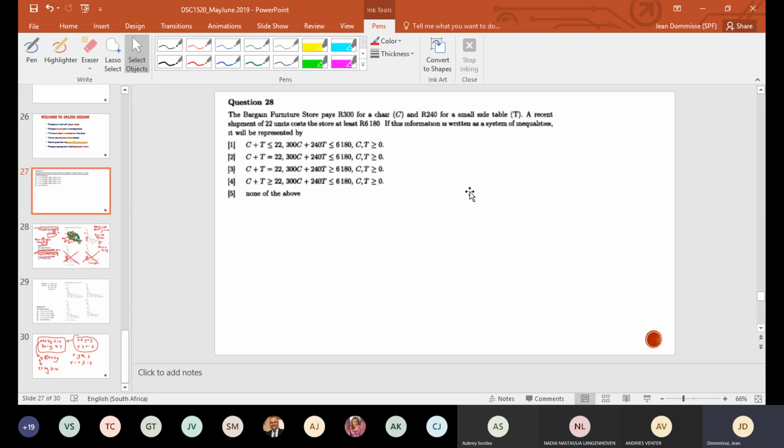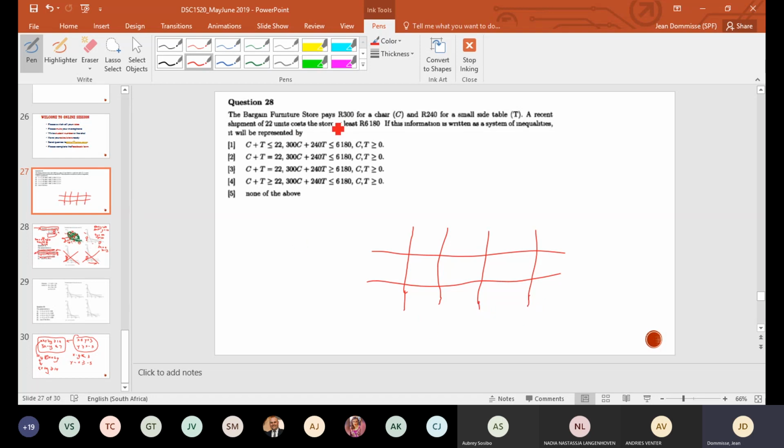Okay, so basically what we need to do with this one is, and how I normally want to write it, and draw the diagram. I don't think this was done like this on the memo.